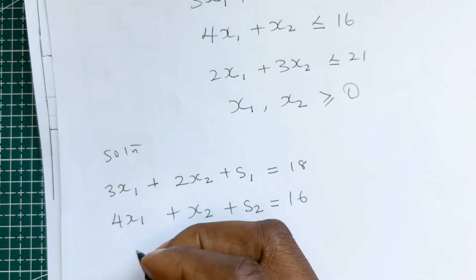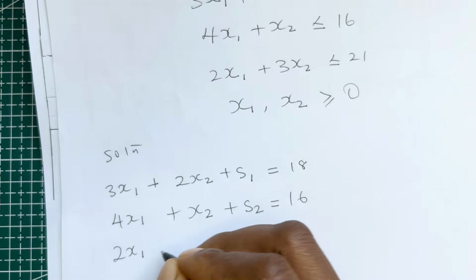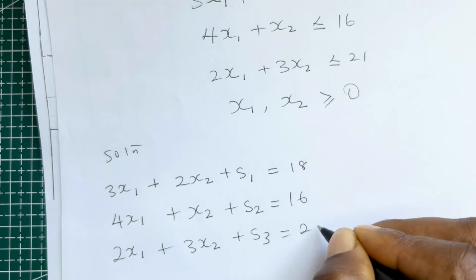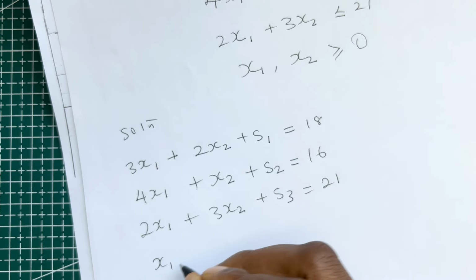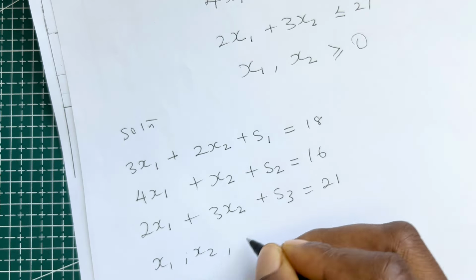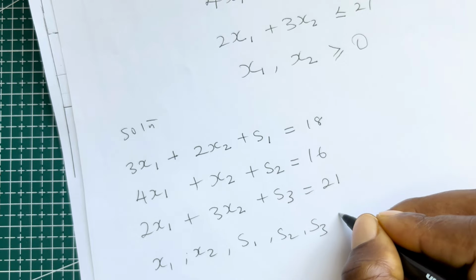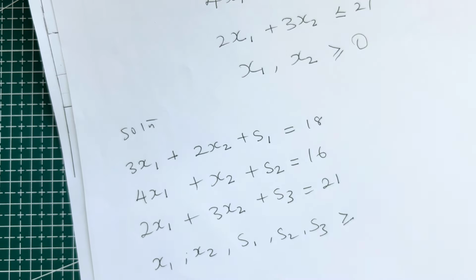For the third constraint, we have 2x1 plus 3x2 plus s3 equal to 21, where x1, x2, s1, s2, s3 are greater than or equal to 0.